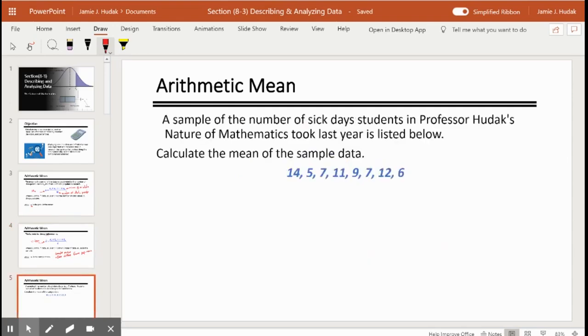A sample of the number of sick days students in Professor Hudak's Nature of Mathematics class took last year is listed below. Calculate the mean of the sample data. So we want to add up all of these numbers.